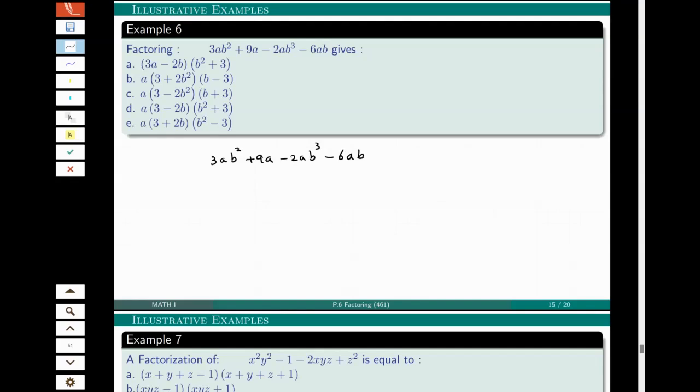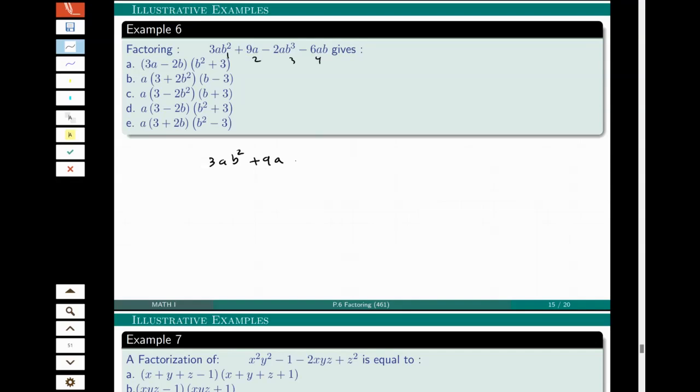Okay, sorry for that. We take a common factor here. This is 1, 2, 3, 4. So 4 terms, we need to make it two groups.